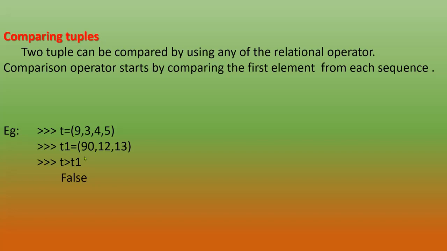It will take the first element from the first tuple and the first element from the second tuple and check which one is greater. If both are equal, it will take the second element from both tuples. So depending on the value of the tuple elements, it will decide whether the result is true or false. Here T is 9 and T1 is 90. 9 greater than 90, condition false. So that is why it returned the value false.